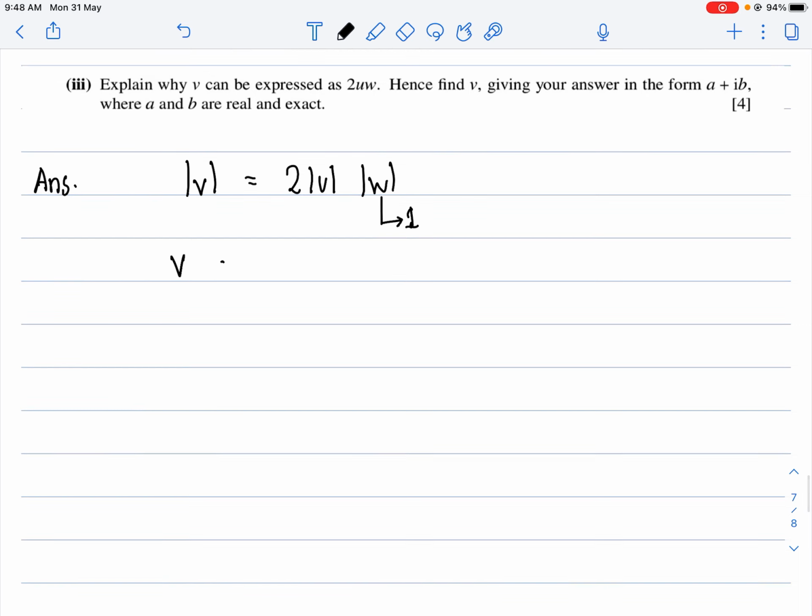v can be expressed as 2uw, because there's another reason why you need to know.